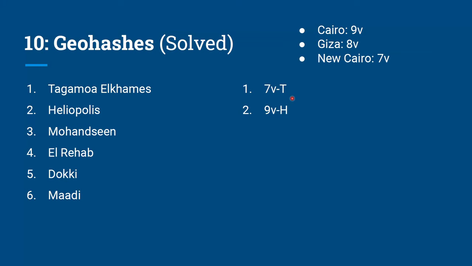Heliopolis belongs to Cairo. So that would be 9V dash the first letter of Heliopolis, which is H. What about Muhandisin and Rihab? For Muhandisin, we would have 8V, which belongs to Giza, where Muhandisin is part of Giza, so 8V-M, and Rihab would be part of New Cairo. Accordingly, that would be 7V-E.